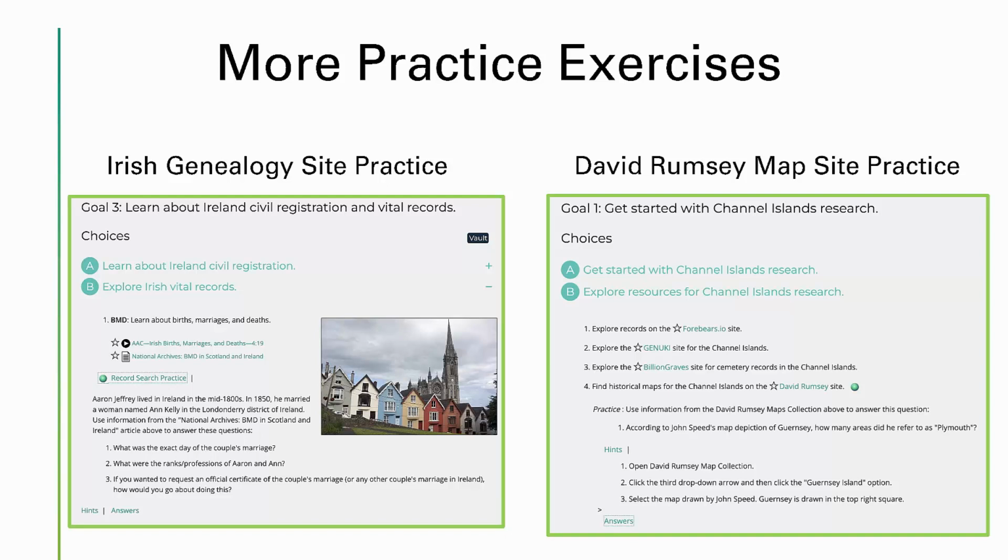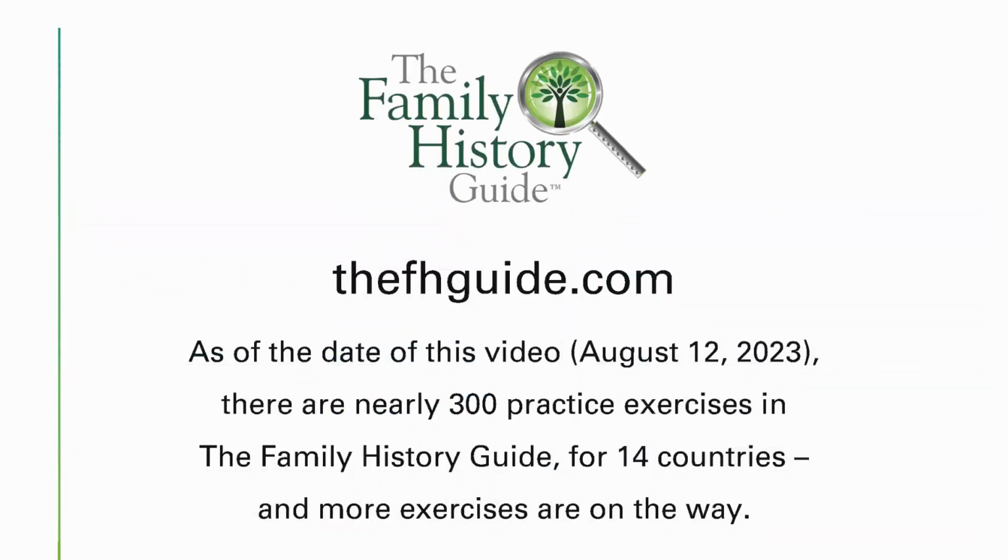As you work through a few exercises, notice the links and references to the many records that can help expand your sources as you do family history. The Family History Guide is found at thefhguide.com. As of the date of this video, there are nearly 300 practice exercises in the Family History Guide for 14 countries, and more exercises are on the way.